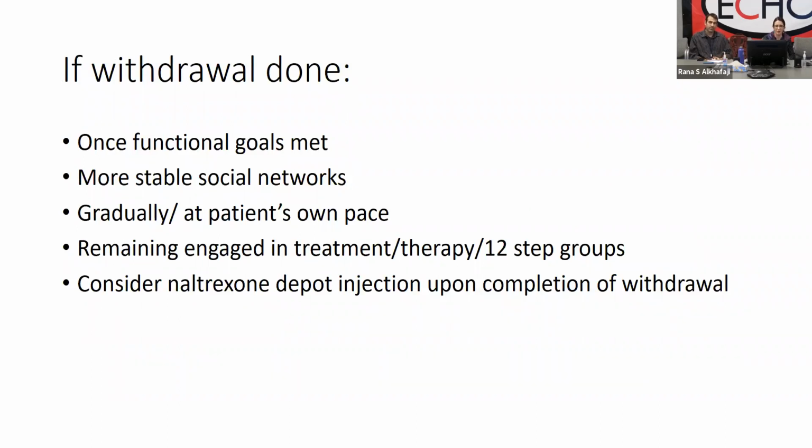So again, not time frame, more stable social networks, and gradually at their own pace. And encourage them to remain engaged in therapy, especially after they've not been taking the medication, because that is a high risk time. And then there's also a point here to consider injectable naltrexone upon completion of withdrawal.